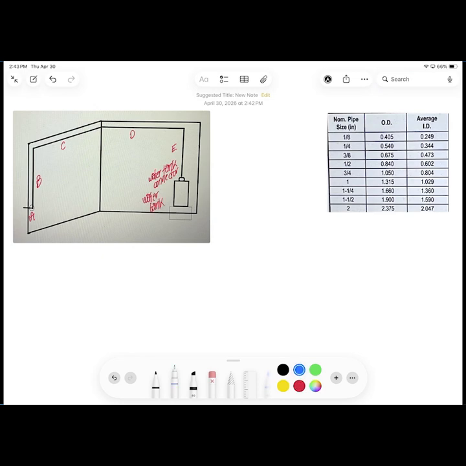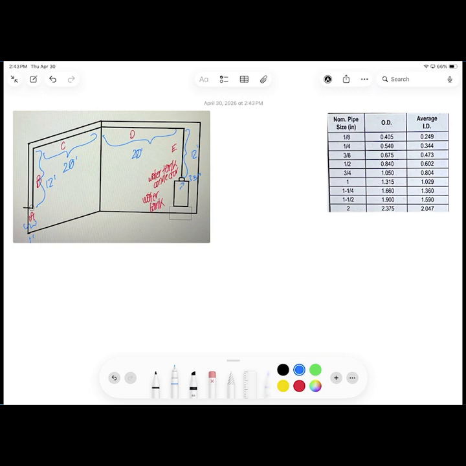So we have that pipe A is 1 foot, pipe B is 12 feet, pipe C is 20 feet, pipe D is 20 feet, pipe E is 12 feet. We have that the height of the water tank connector is 3 inches.